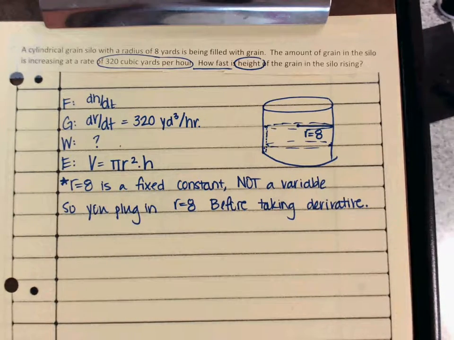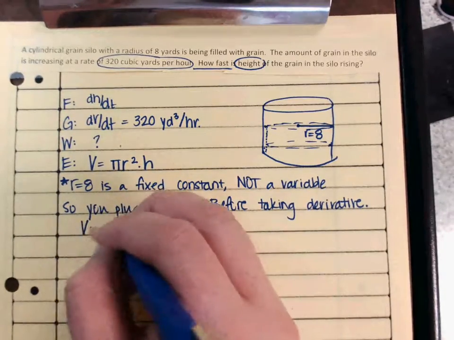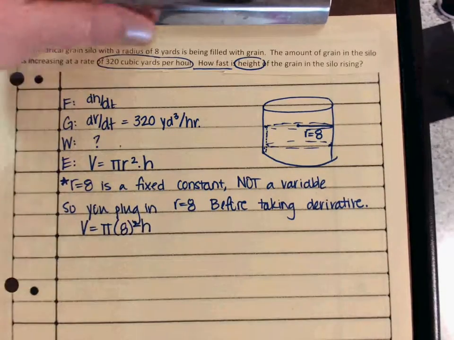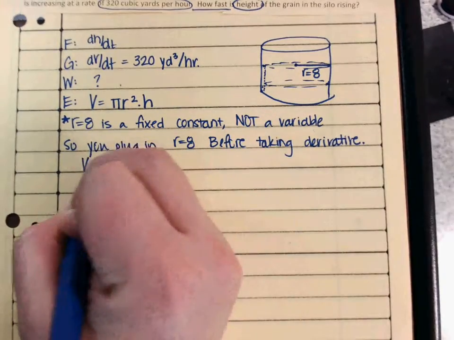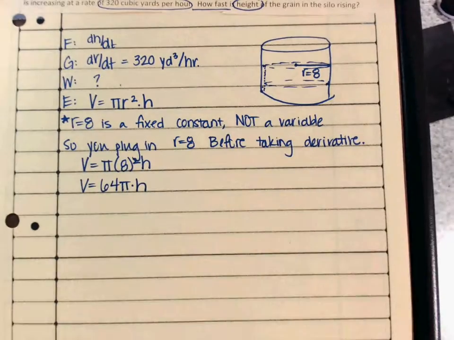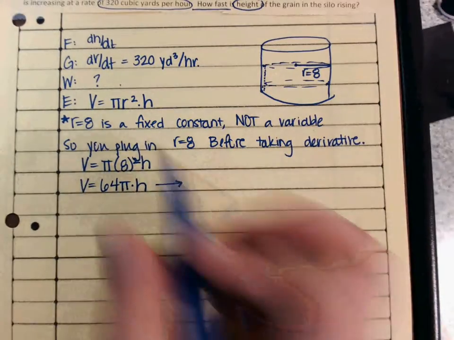So instead of volume equals pi r squared h, I'm going to do volume equals pi 8 squared h. And what is 8 squared? 64 pi h. And then that's what I'm going to then take the derivative of. Okay? That is a squared.